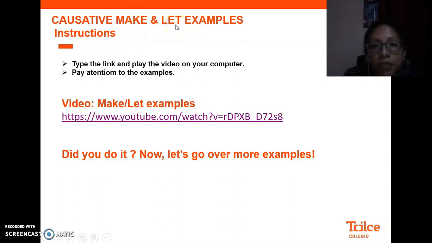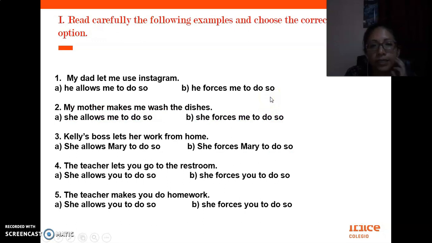While let means to give permission to somebody else to do something he or she wants. Now, let's see. Read carefully the following examples and choose the correct option.